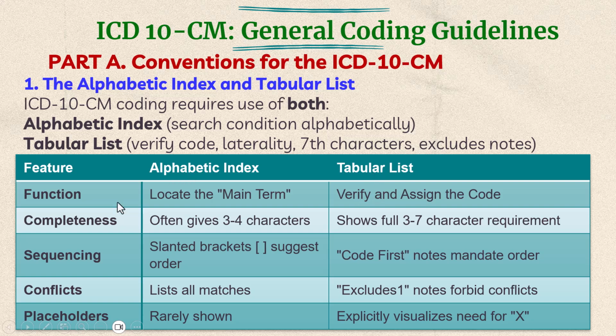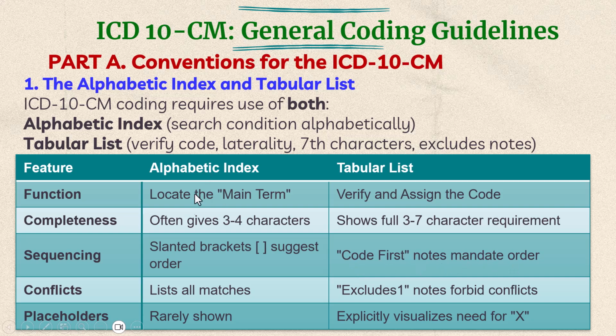When you compare the completeness, the alphabetic index often gives 3 to 4 characters, but the tabular list shows the full 3 to 7 characters requirement. In the alphabetic index, the slanted brackets suggest order, but in the tabular list, it will give the clear description and code first notes to maintain the order.